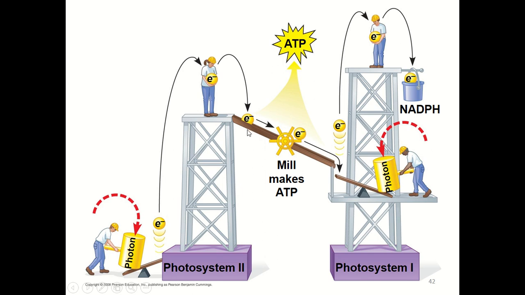We have plastoquinone, cytochrome complex, and plastocyanin, and then it goes to photosystem 1, and then the photon strikes again. The electron is excited from ground state to excited state, and this is the primary electron acceptor, and then it will transfer to ferredoxin, and then the last electron acceptor is NADP plus, which later will produce NADPH.